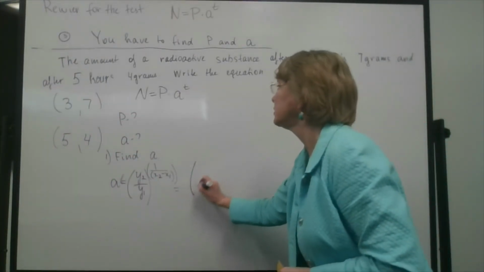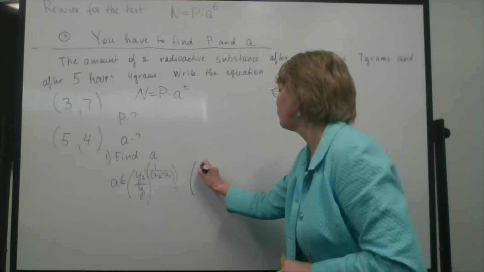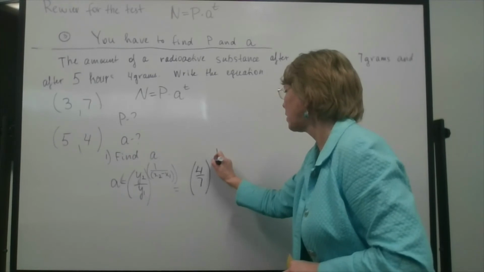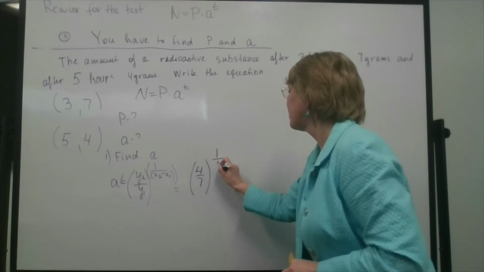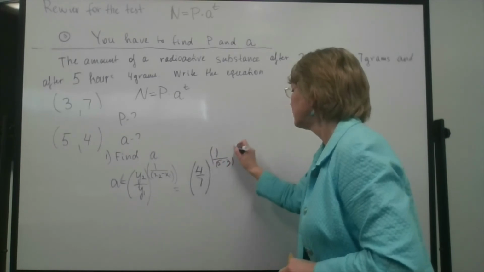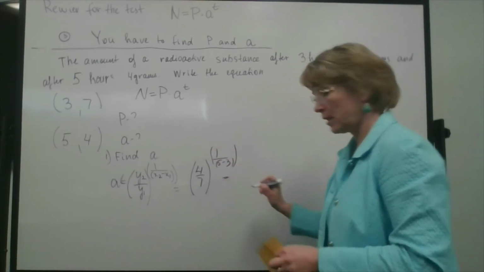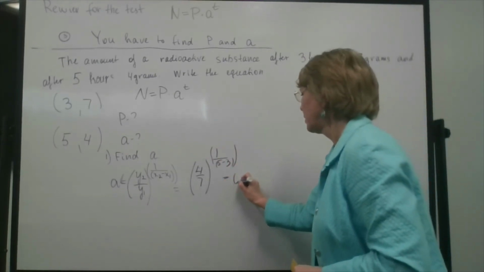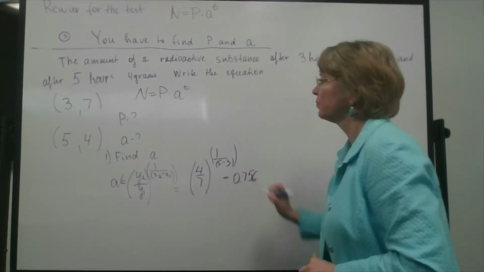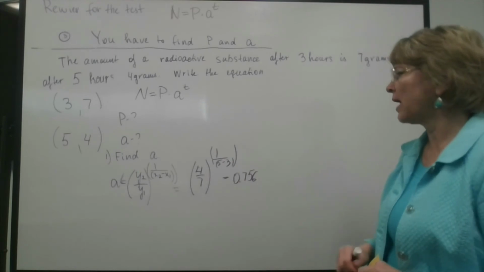Let's substitute the numbers. It will be 4 over 7 to the power 5 minus 3. Type this on a calculator and check your answer. It should be 0.756. So we found A.